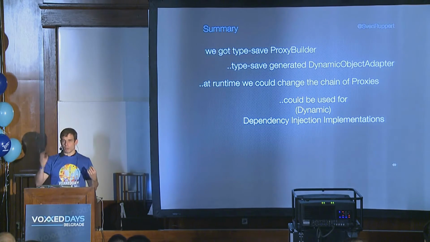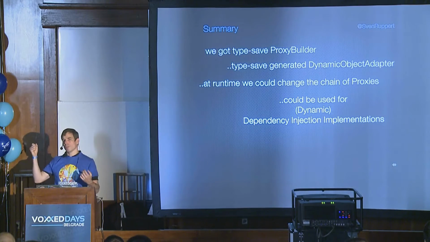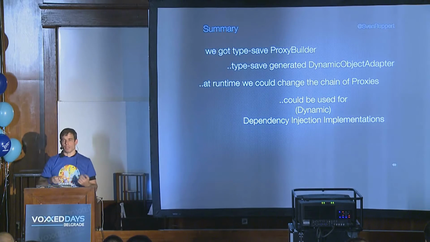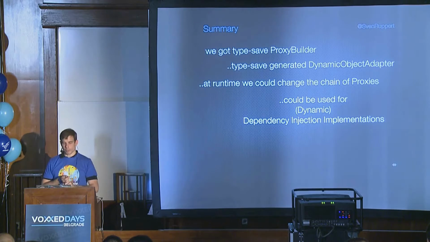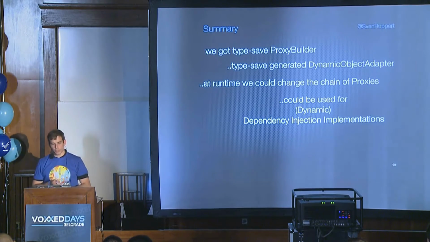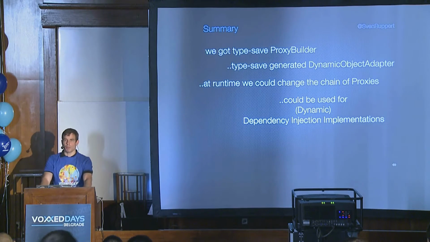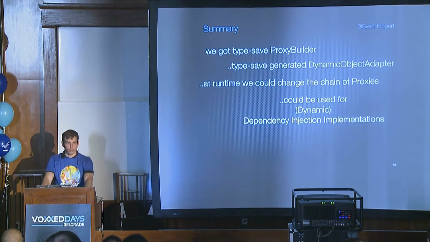You can go through the third part, remove it, or put some new stuff inside. So you can, at runtime, add metrics or remove metrics. And this could be used, for example, if you want to build something like a dynamic dependency injection implementation, or if you want to implement some business rules that you want to hide from the standard developer in your team.